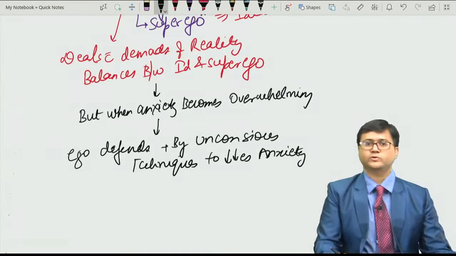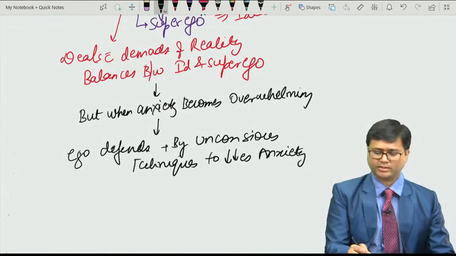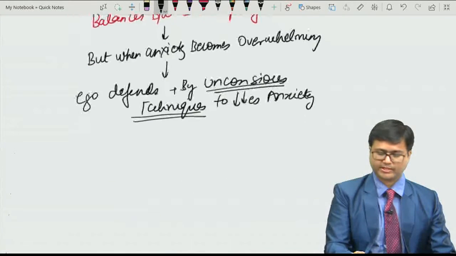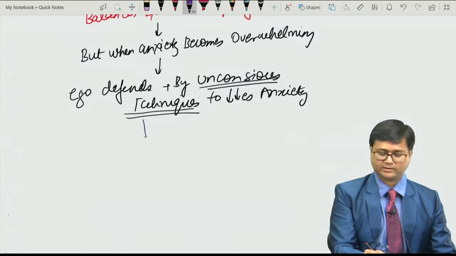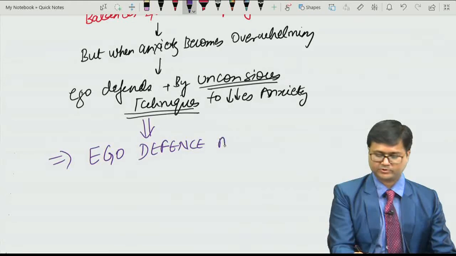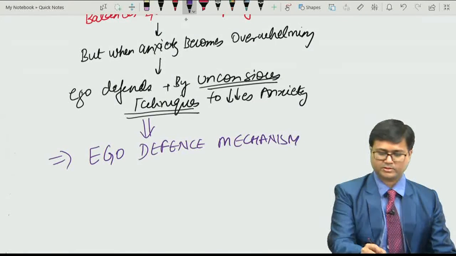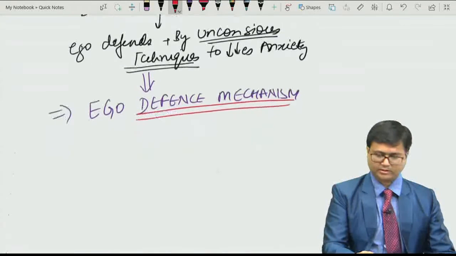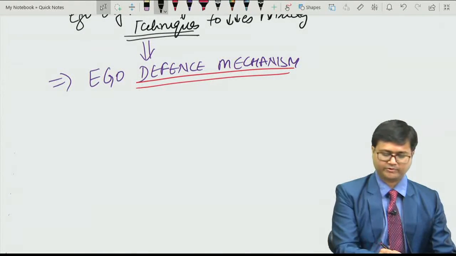So sometimes ego uses certain unconscious techniques. Remember, importantly, these are unconscious techniques, and these techniques are known as ego defense mechanisms, or simply defense mechanisms.